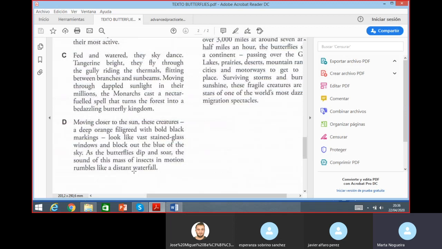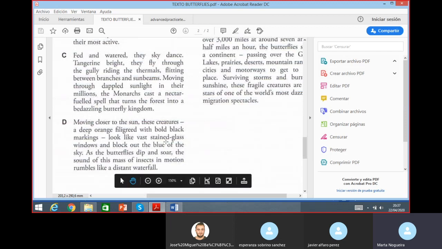Look like vast stained glass windows. This is so difficult. Look like, su apariencia, la apariencia de las alas de las mariposas, se parece a las ventanas de vitral, stained glass, ¿ok? Vamos a decir que es glass windows.